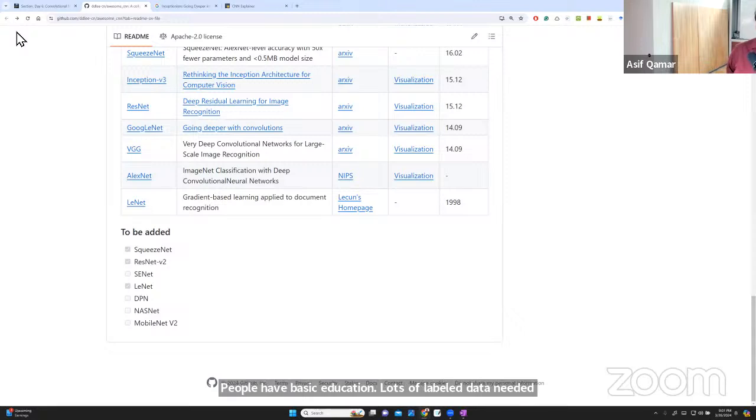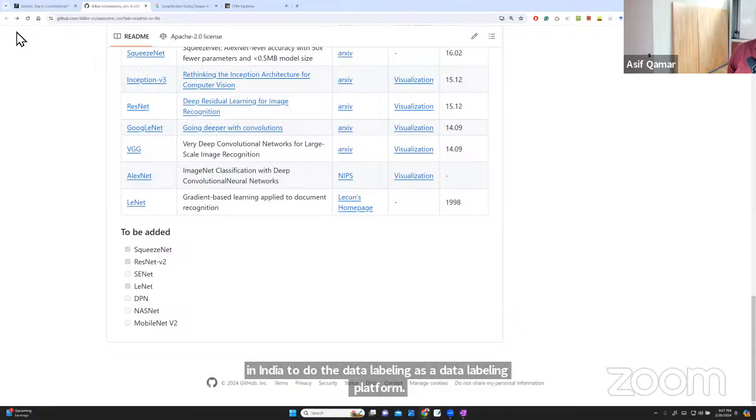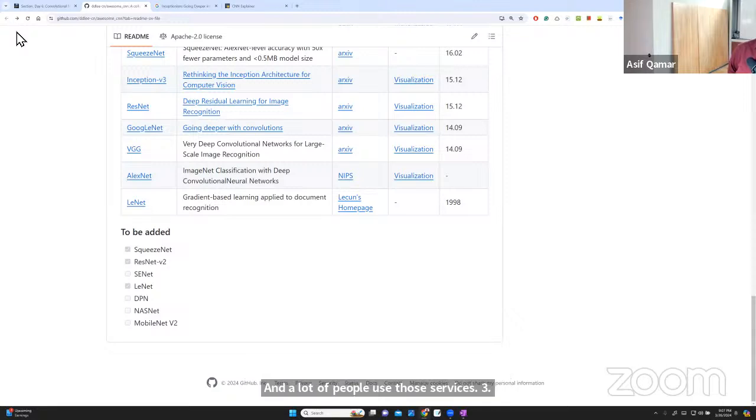And he started a company in which he employs a lot of people in India to do the data labeling. He has a data labeling platform, and a lot of people use those services. Kriya.net, I guess. I don't remember the name of the company. Yes, it basically shares the revenue with the Kriya labelers.